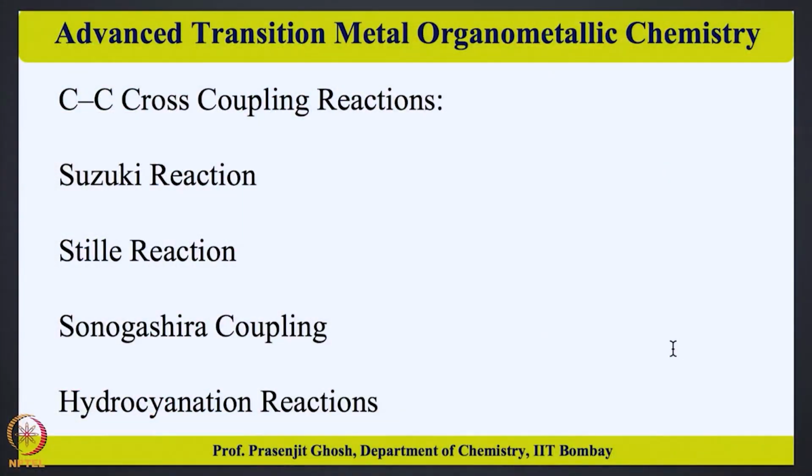So, in this context, we have looked at allylic alkylation, a reaction of great industrial as well as academic challenge, the Heck coupling reaction. Then among the cross coupling reactions, we have looked at the Suzuki reaction, Stille reaction, Sonogashira reaction, and then on the addition reaction, we have looked at the hydrocyanation reaction.